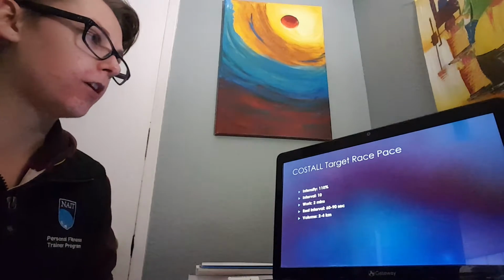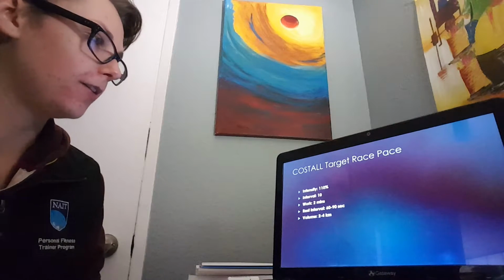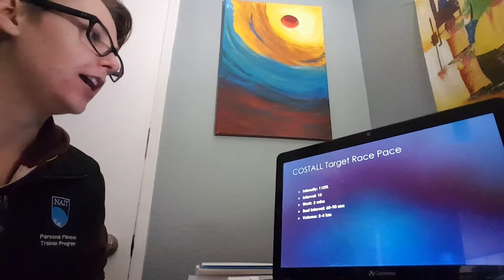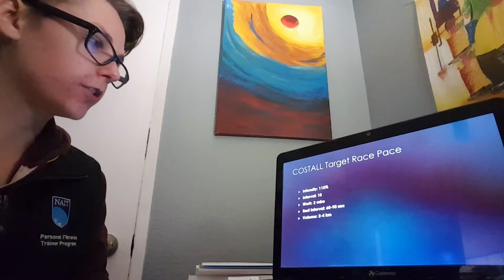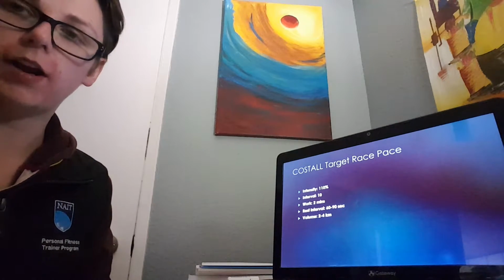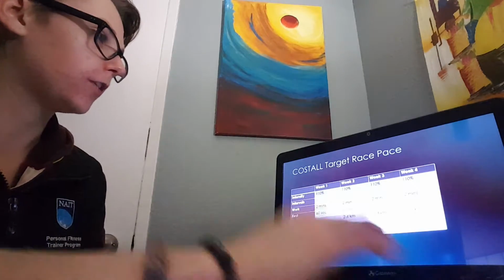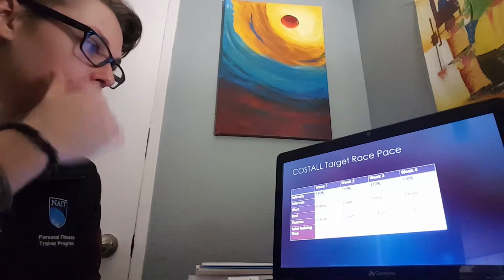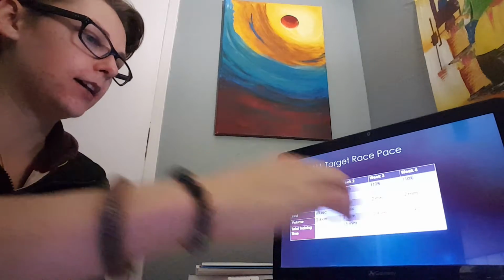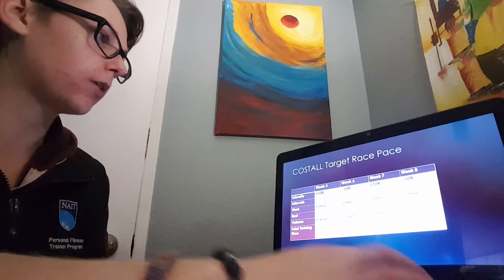So for our costal target race pace, intensities are about 110%, intervals up to 10, work for 2 minutes, and then rest for 60 to 90 seconds, and running for about 2 to 4 kilometers for volume. So again, in the first week, we're nice and gentle, nice and easy, doing fewer intervals and a little less work.